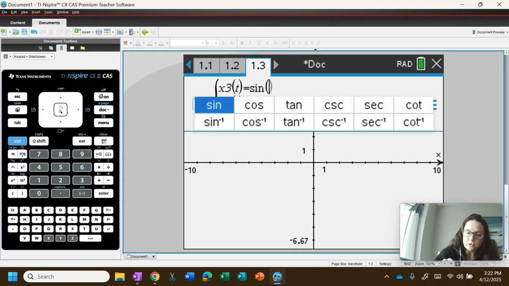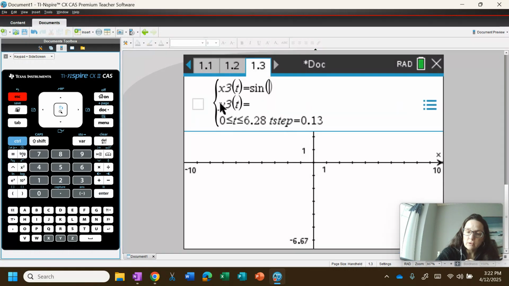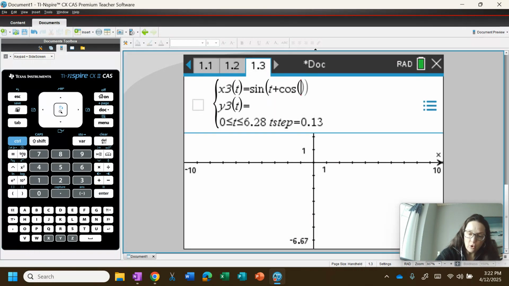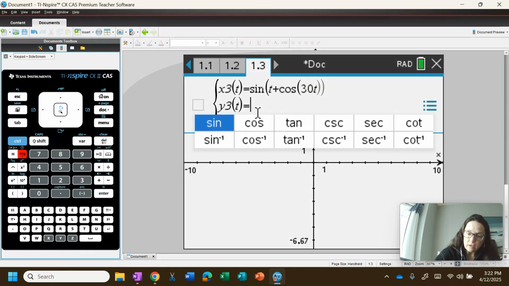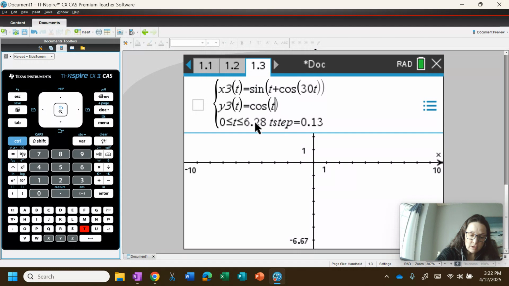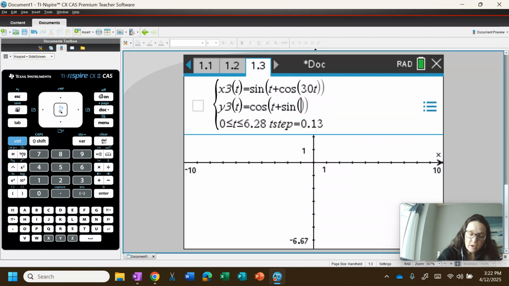Sine of t plus cos 30t, and cos of t plus sine 30t.